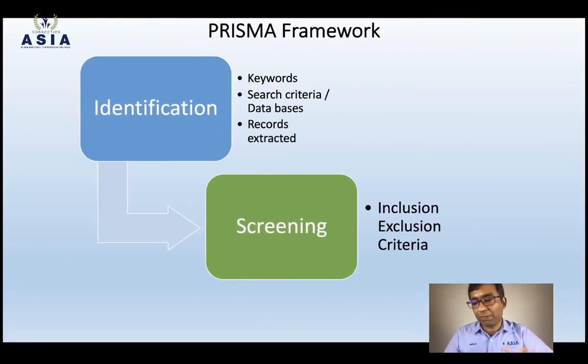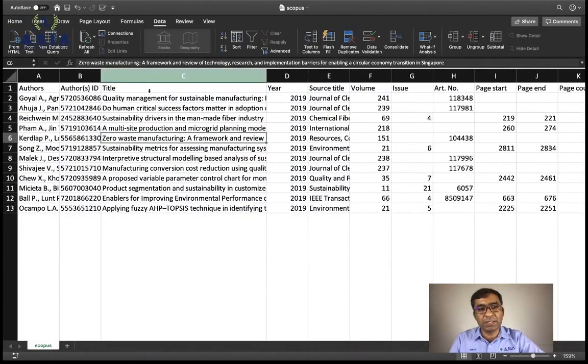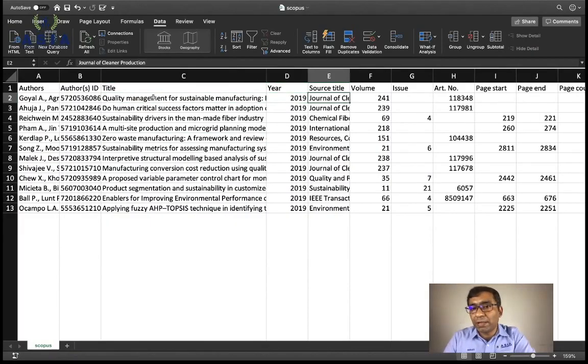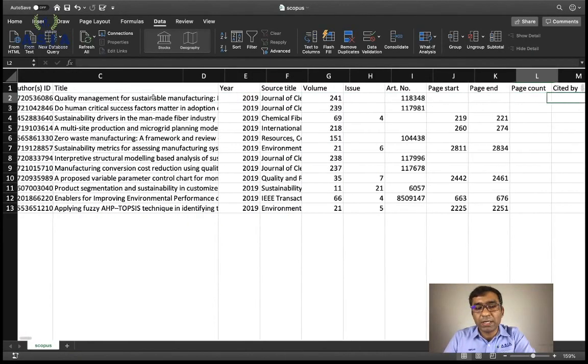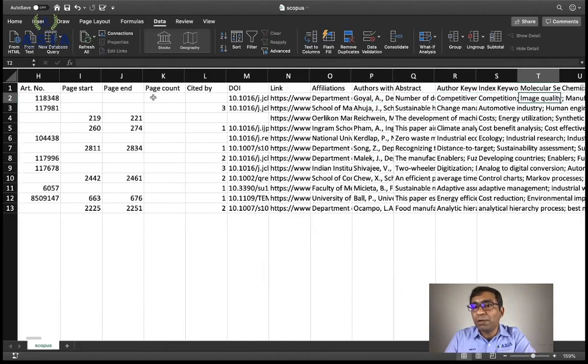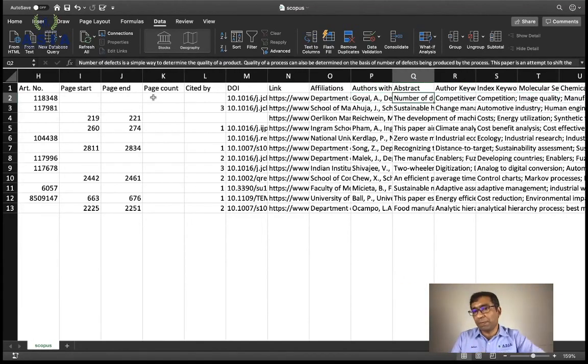Okay, now we have our Excel sheet extracted. So we are clear with the basic or fundamental rules of playing with these databases, and we can export all these records. The beauty is the title and the abstracts are already here. So you don't need to go through each paper.